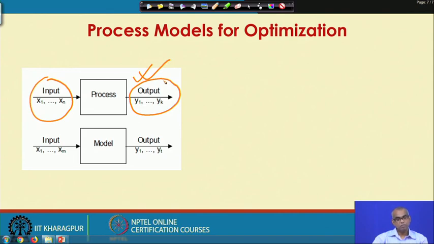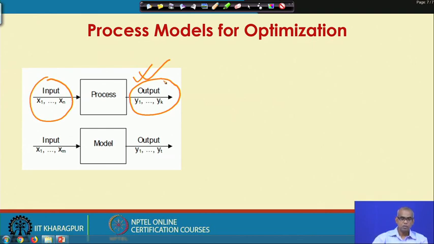If I want to develop a model for the process, it means that I want to establish a relationship between inputs and outputs. It may not be necessary to consider all the inputs and all the outputs, because some inputs may be kept at some fixed value and I may not be interested in some of the responses or outputs.